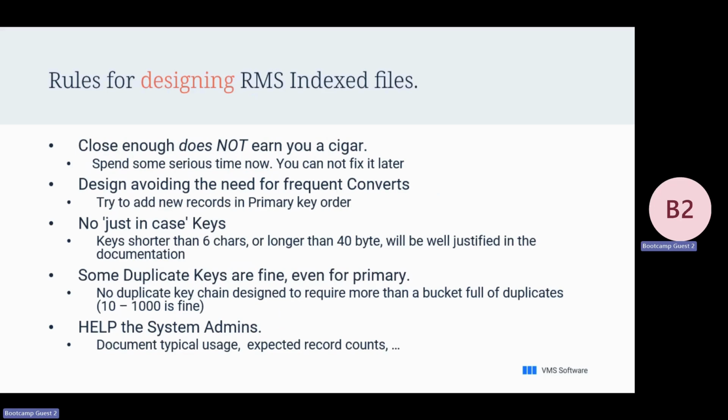Now that was for maintaining the files. And then what I miss often is rules for designing a file. If you're going to design a file, you should make the extra effort. You should get it close, because you only do it once. There's no going back. Typically nobody dares touching it anymore. They don't even dare touching a bucket size, which is just an artificial clump of records.